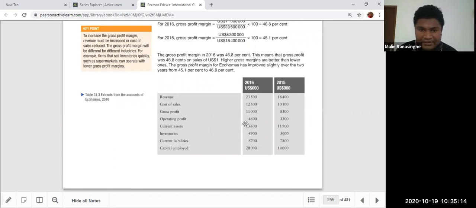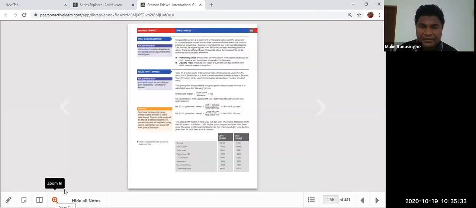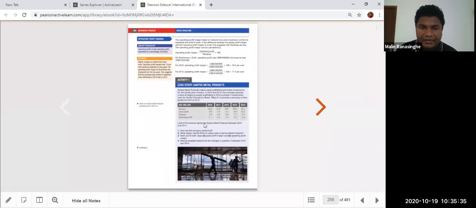Look at the operating profits: 3,200 to 4,000, that's also an increase. So you have to divide this by the revenue. 3,200 over 18,400 into 100, 4,600 over 23,500 into 100. Like that, you have to figure it out and make a comparison.